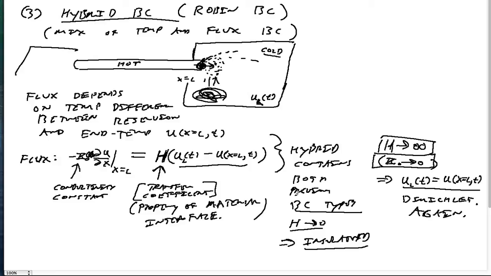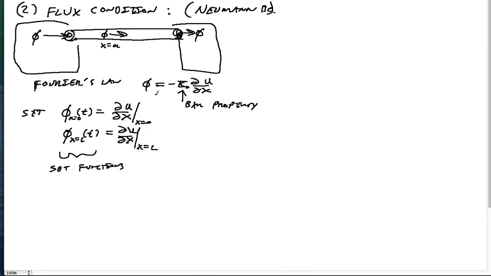So from these three boundary conditions, we can model a lot of the way that heat transfer can work in a real system. So what we want to do now is switch gears a bit and actually do what you want to do with a partial differential equation, which is solve this PDE.